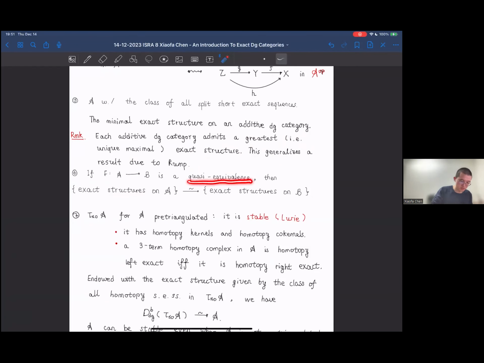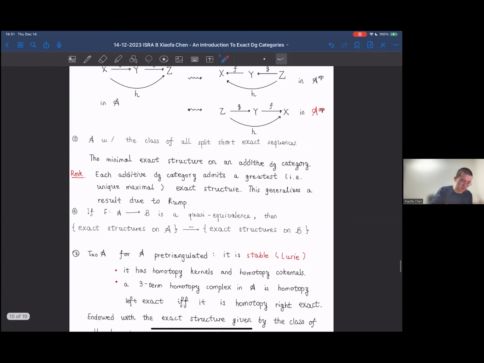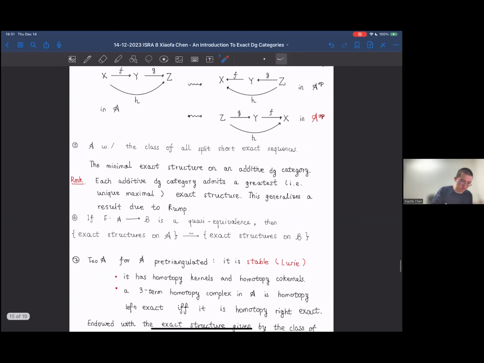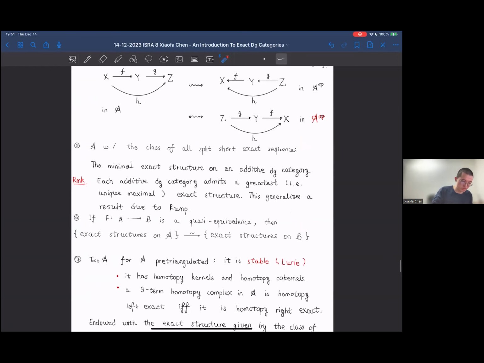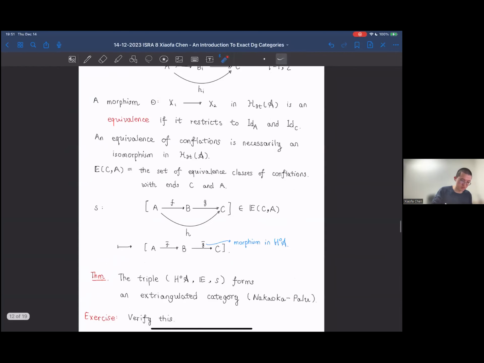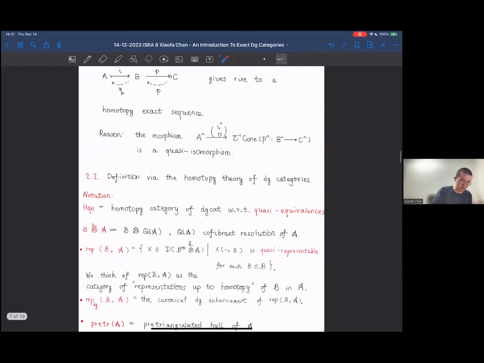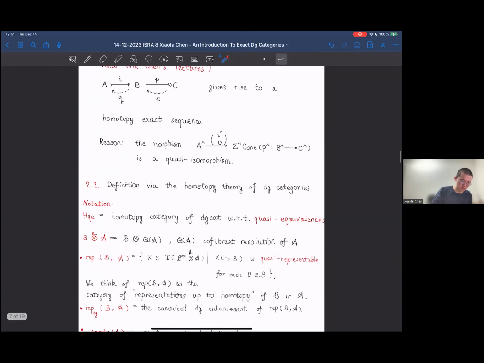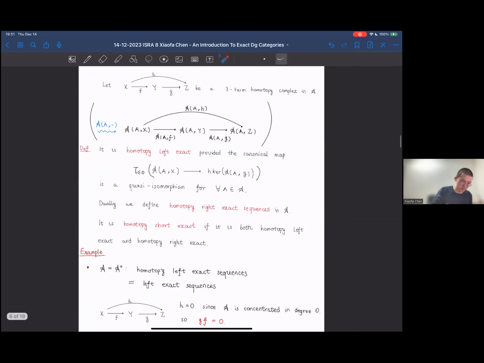This is because we defined our homotopy 3-term complexes to be invariant under homotopies, not strict DG functors. So it can be transferred along quasi-equivalences here.